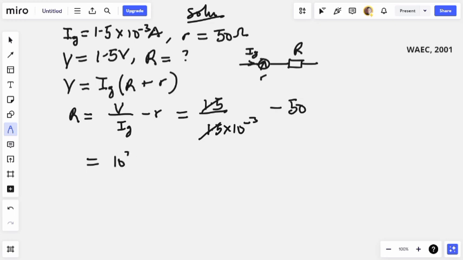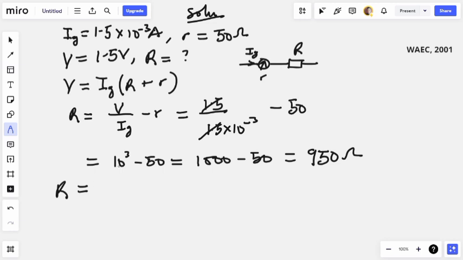So we have 10 raised to power 3 minus 50. 10 raised to power 3 is 1000. 1000 minus 50 is 950 ohms. So the resistance required to make the galvanometer read a voltage up to 1.5 volts is 950 ohms.